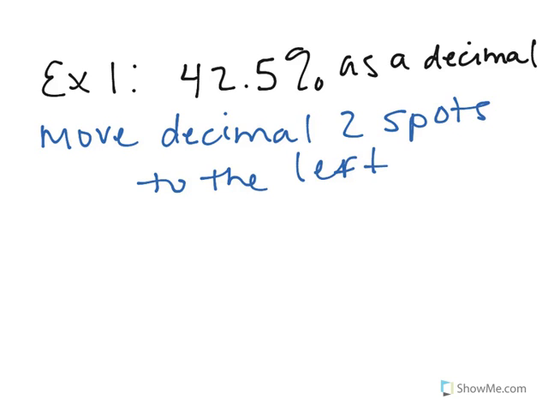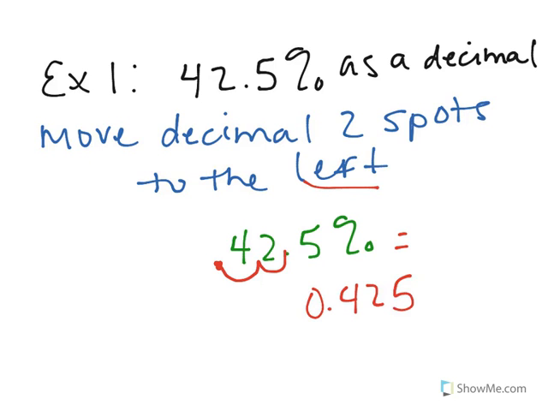So I'm going to take the percent, 42.5 or 42 5/10%, and I'm going to move the decimal one spot, two spots to the left. So I'm going to say my answer is 425 thousandths. Again, all we have to do to convert a percent into a decimal is to move the decimal point two spots to the left.